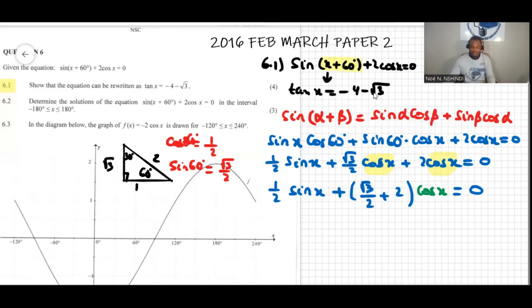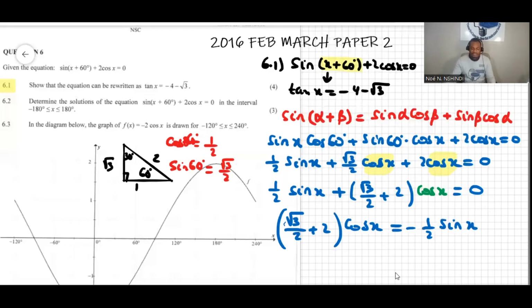First, let me move sin x over. So we have (√3/2 + 2) times cos x equal to negative 1/2 times sin x.